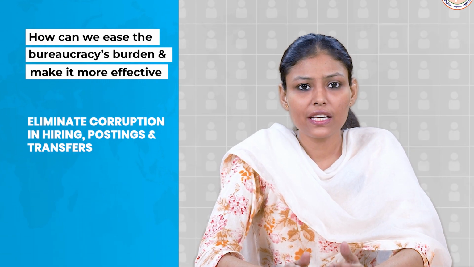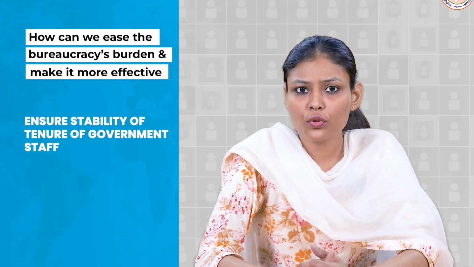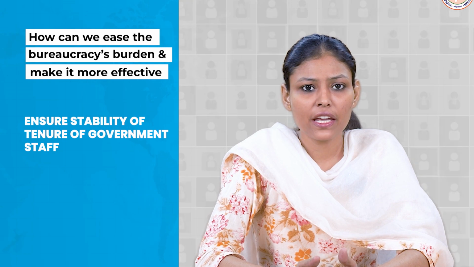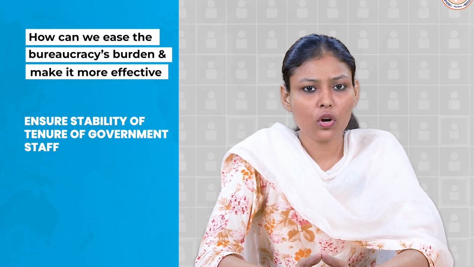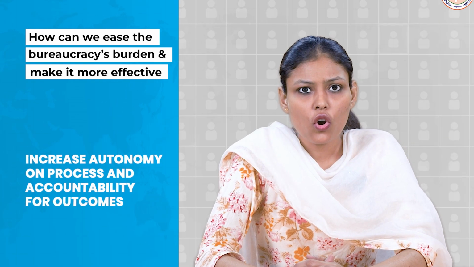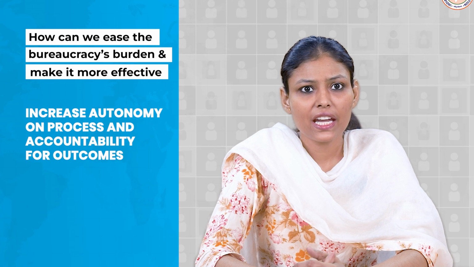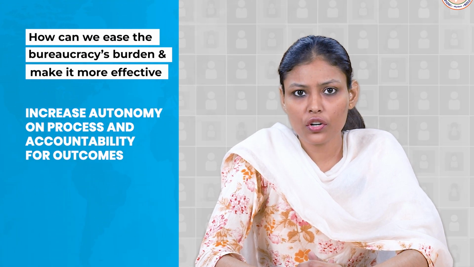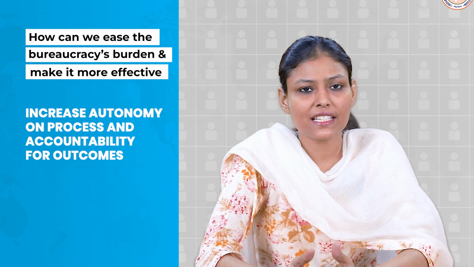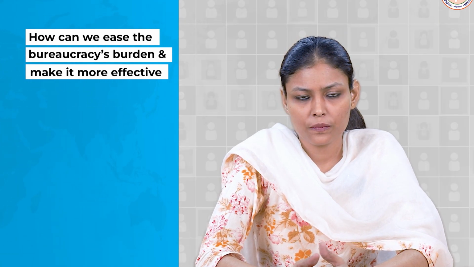To strengthen the bureaucratic system, it is important to stabilize the tenure of government staff for making reflective policy as well as implementing it. Increase the autonomy on the process and accountability for outcomes. Increasing autonomy is crucial, and at the same time, make them accountable for better consequences.